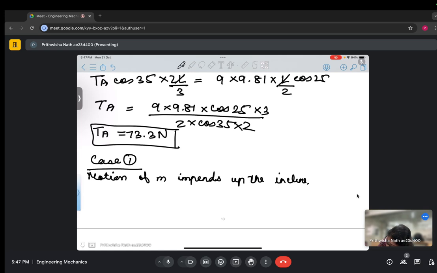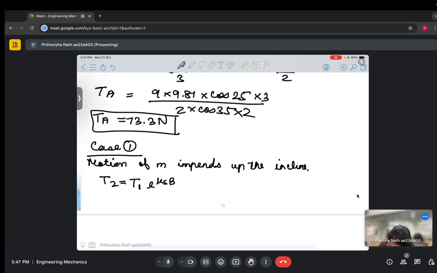Now T2, T1, e to the power of mu beta. So T2, the tension TA is larger of the two tensions.